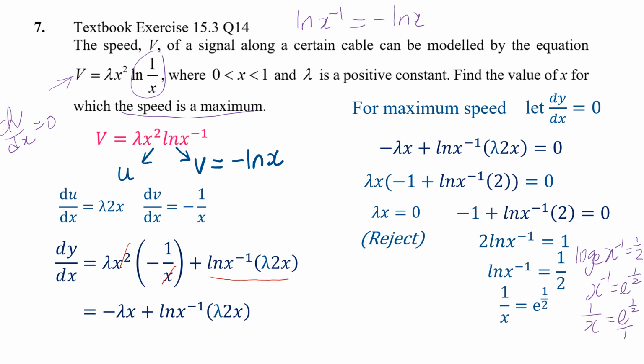So just flip it. 1 over x, you flip it, you get x. e to the power of half over 1, flip it, you get 1 over e to the power half. So that explains how I get x equals 1 over e to the power half, and e to the power half is square root e. Okay, so this is how you do the last question. It's not difficult at all.